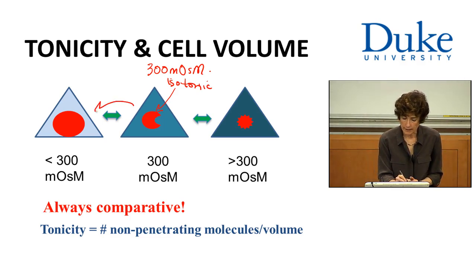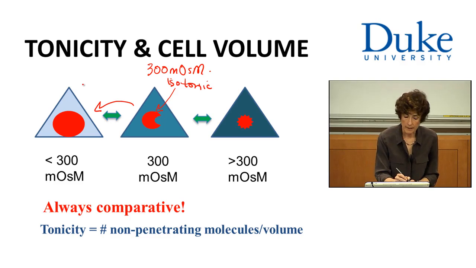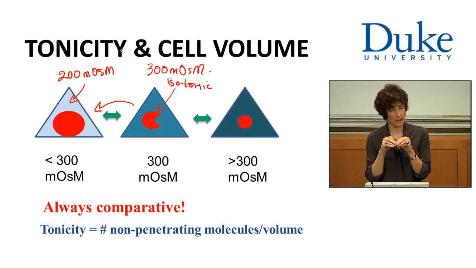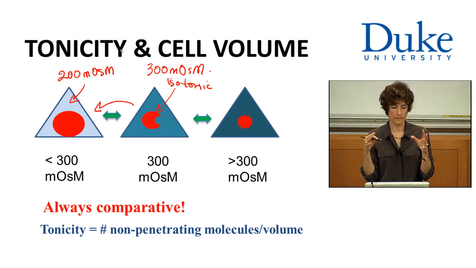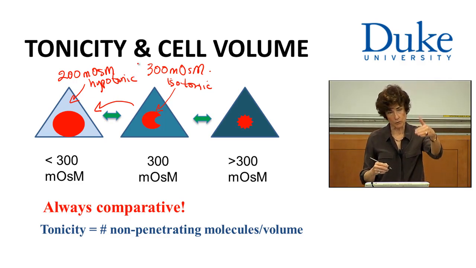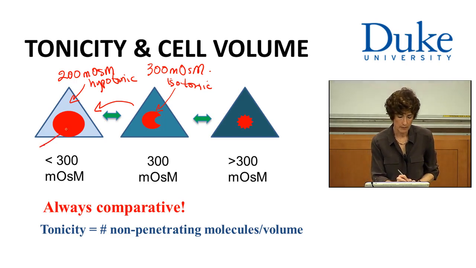If I then dilute the solution that the cell is sitting in, then the solution could go down to, let's say, 200 milliosmolar. And when that happens, the red blood cell, which is at 300, will take in water, because the solution now is hypotonic to the red blood cell. And the water is going to move from a higher concentration, which is outside of the cell, across the membrane and into the red blood cell, and our red blood cell swells.